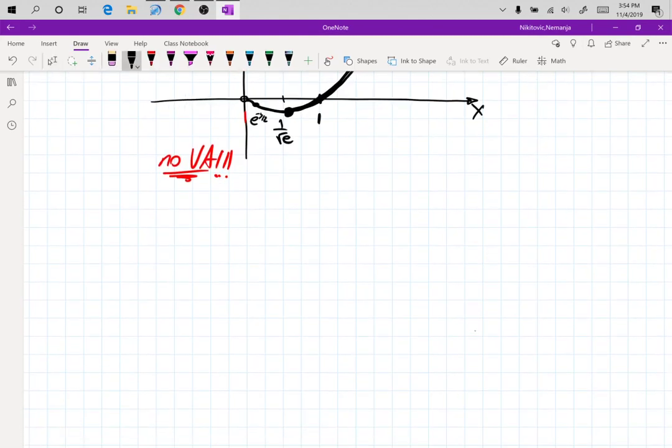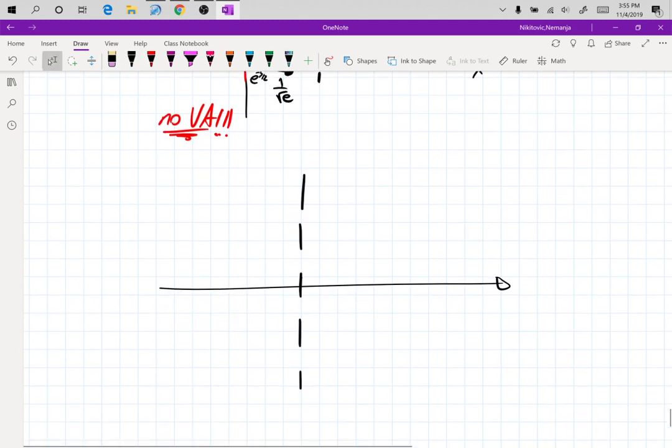And why can't the graph follow the asymptote? If you have the configuration, here is the asymptote, and here is the x-axis, and here is the point, the asymptote has to be followed like this, or like that. You have to follow the asymptote in one of the two ways.